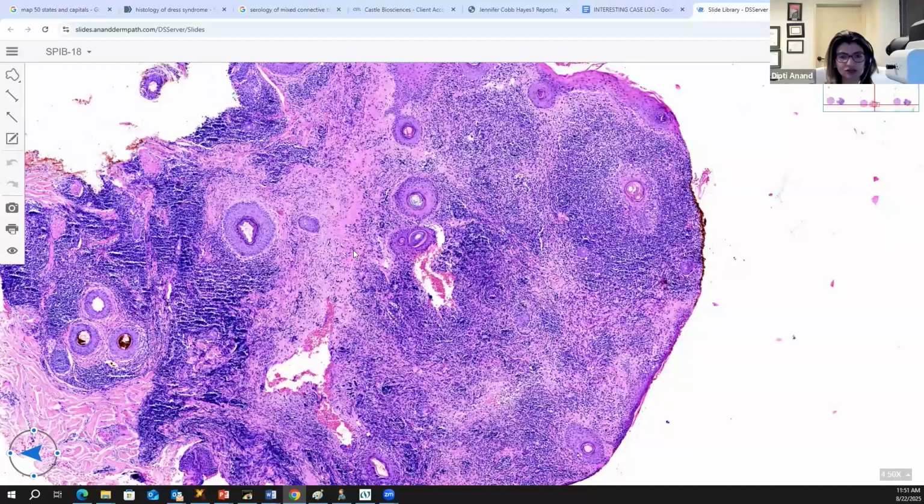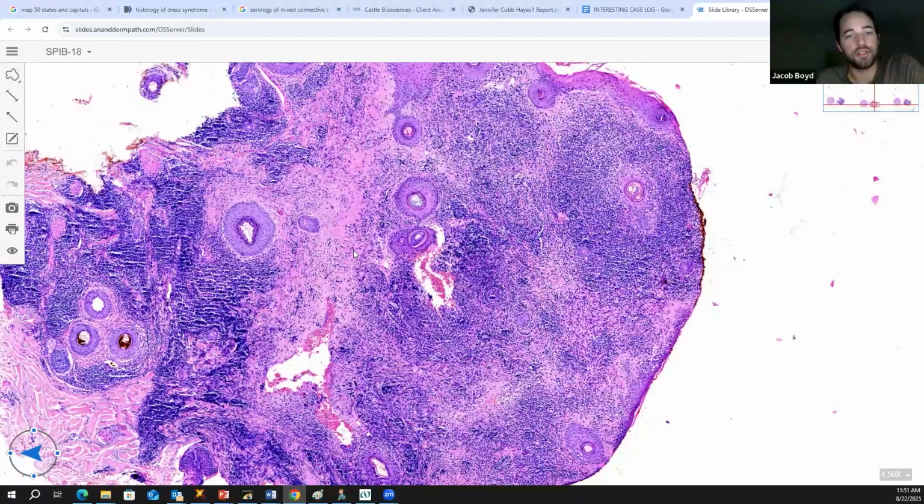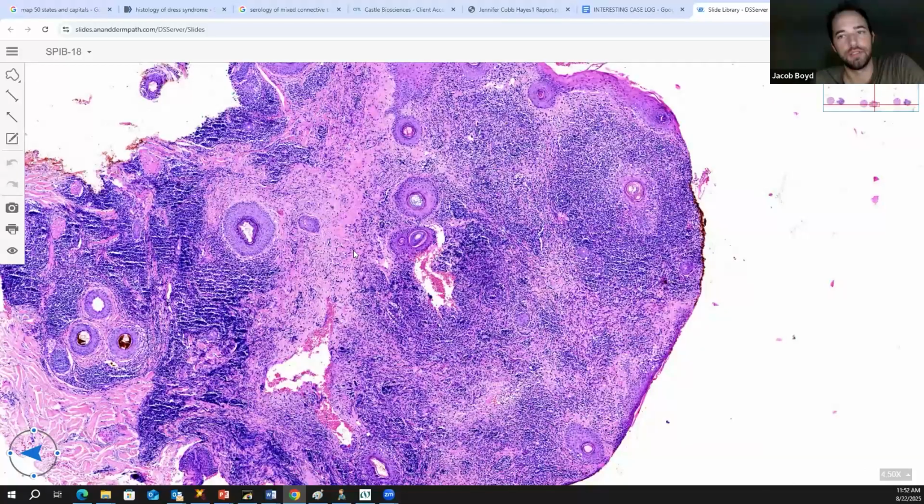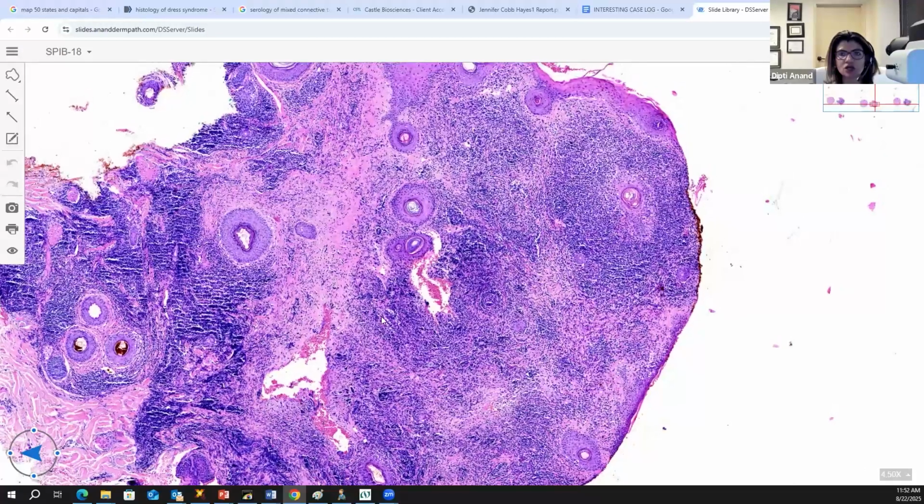When you think about a scarring alopecia, what are the diseases that you're thinking about? Discoid lupus. Lichen planopilaris. Central centrifugal cicatricial alopecia. Folliculitis decalvans. Those are the common ones that you think about.